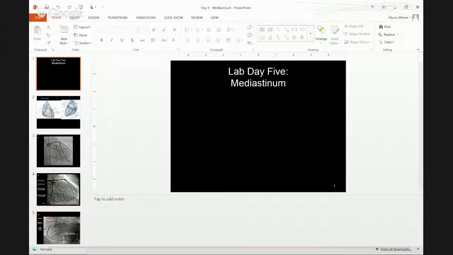However, we're above the level of where two veins are going to merge to form the superior vena cava. So this is not the superior vena cava. And what I have arrowed out right here, those are the two veins merging to form the superior vena cava.